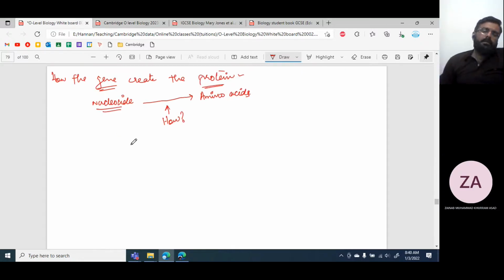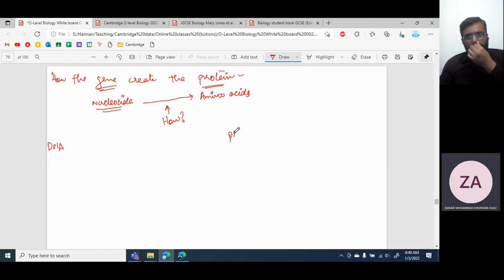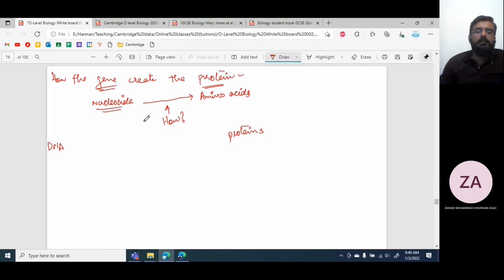Now, first of all, if we say that DNA would be converted into proteins, then there are several steps which involve this whole phenomenon. What are those steps? First of all, the DNA would be converted into a specific single molecule.